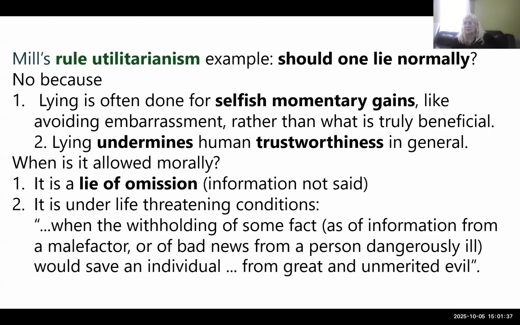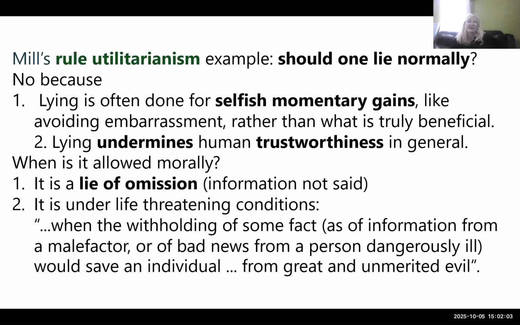First, lying is often done for selfish momentary gains, like avoiding embarrassment, rather than what is truly beneficial. Second, lying undermines human trustworthiness in general. He now thinks, in general, is there ever a good time to lie? Or is that going to promote the greatest happiness for the greatest number of people?